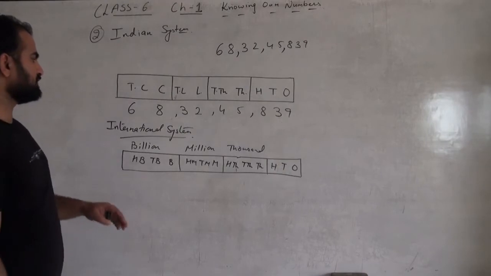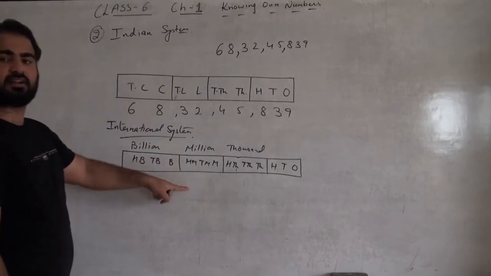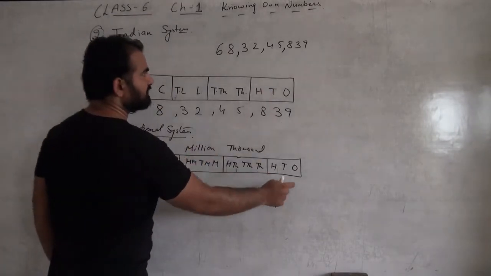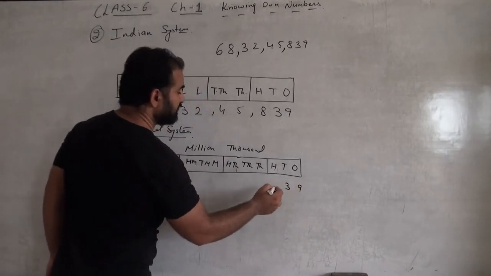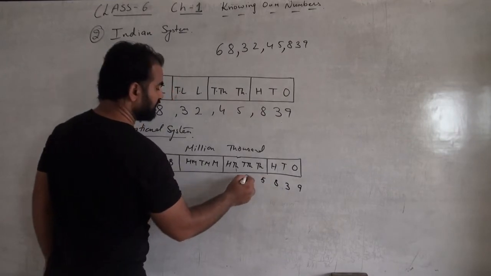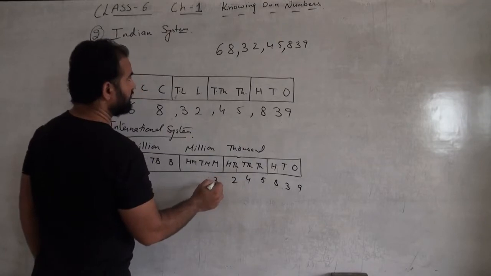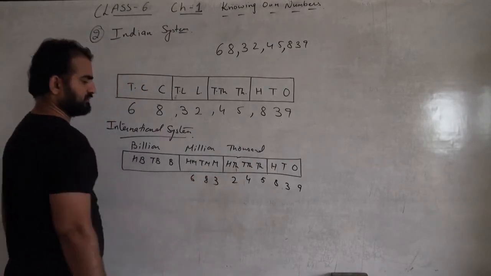So if we have to write this number in the international system, we have to place all the digits there. So it will be 9, 3, 8, 5, 4, 2, 3, 8, 6.